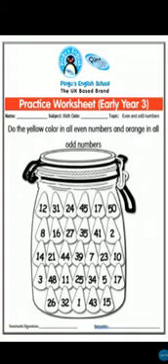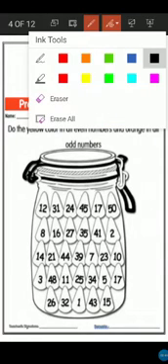So what we have to do in this, there is a jar given which is filled of even and odd numbers. And we have to fill the even numbers with yellow color and the odd numbers with orange color. So start doing the coloring.